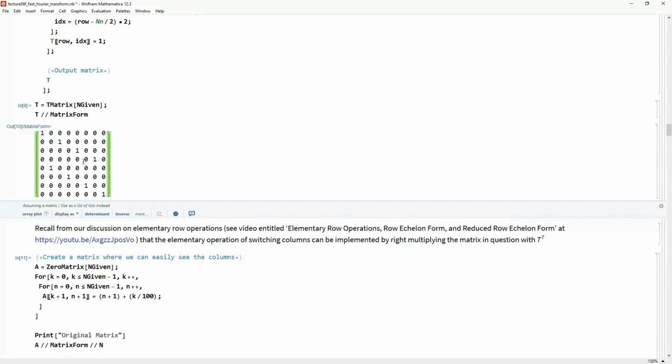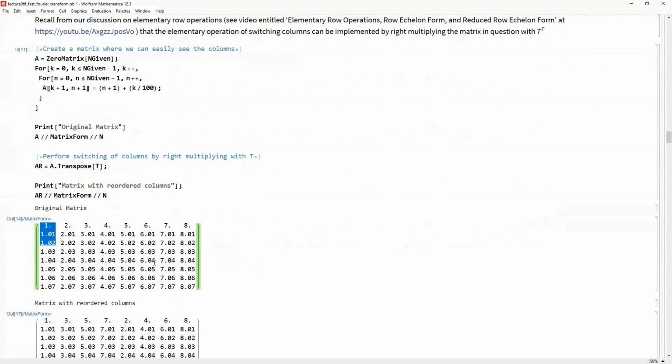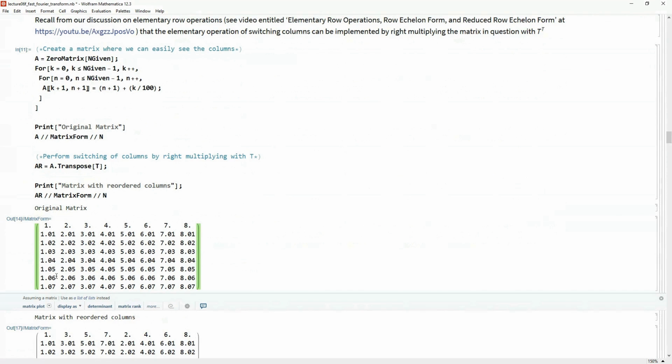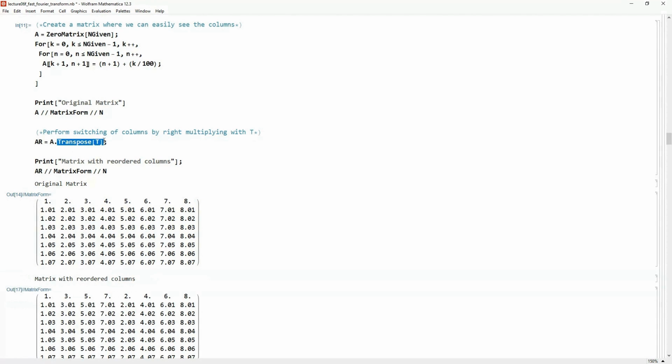And just to prove to us that this actually does work to rearrange columns, I made a really simple, silly 8 by 8 A matrix where each column is filled with ones, then some variation of 2, 3, etc. What the T matrix does is that when you right multiply by its transpose, it reorders these columns.